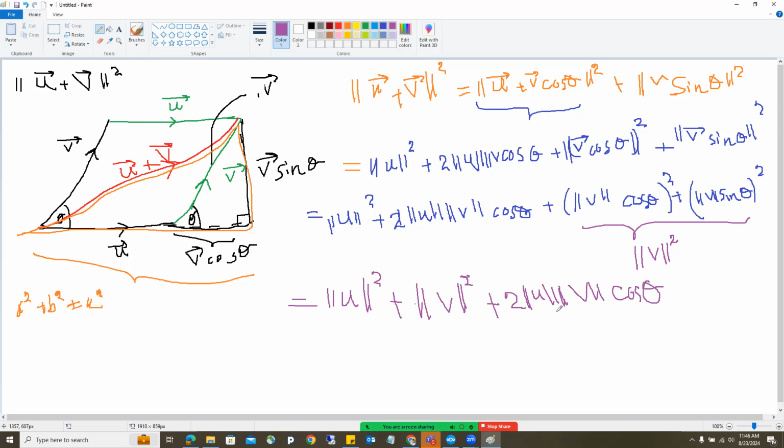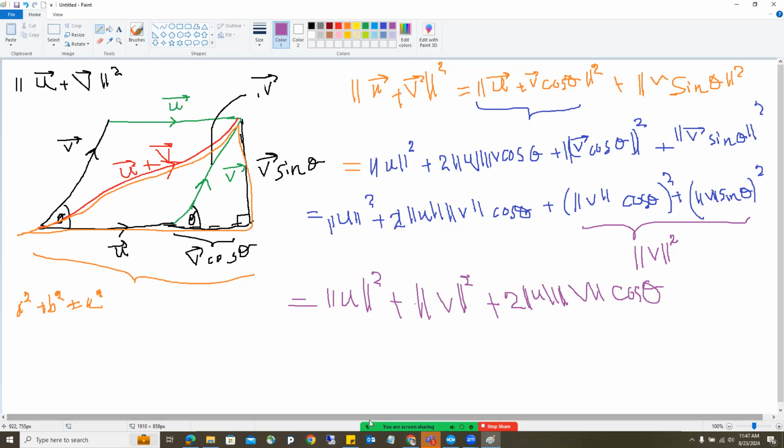These entire things are magnitudes, the lengths of the sides of the parallelogram. So the magnitude of u plus v, squared, is equal to u squared plus v squared plus 2uv cos theta.